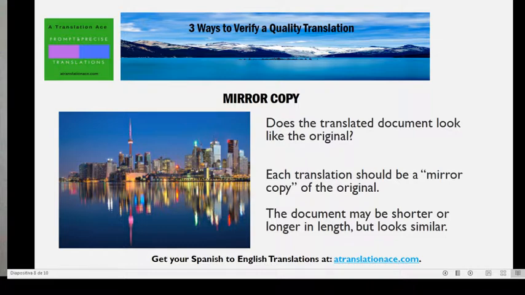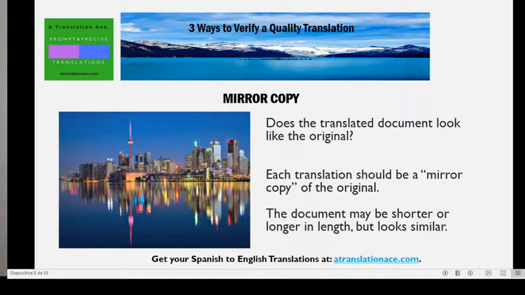So that when you do a side-by-side comparison between the two projects, of course, could be multiple documents, they should appear to be a reflection of each other.